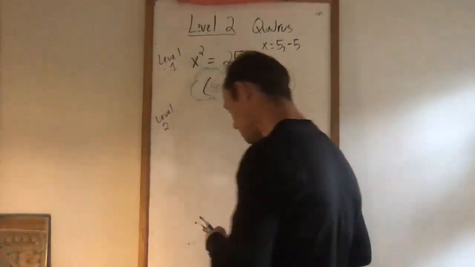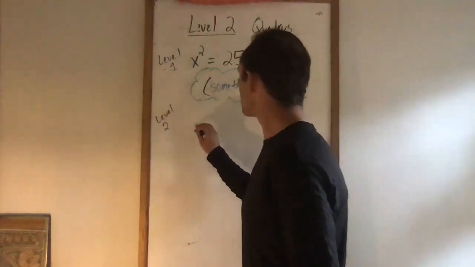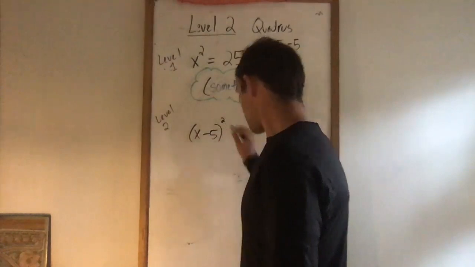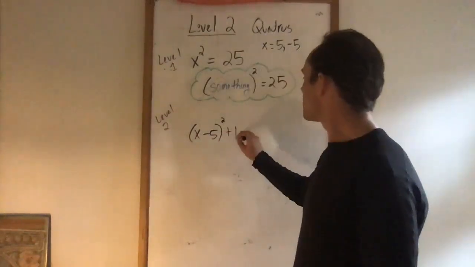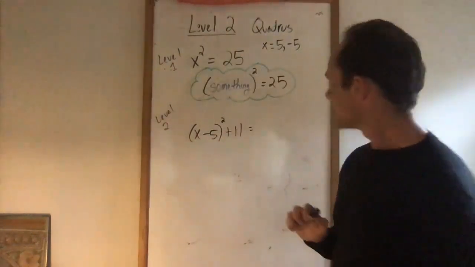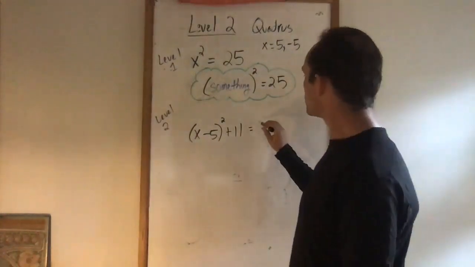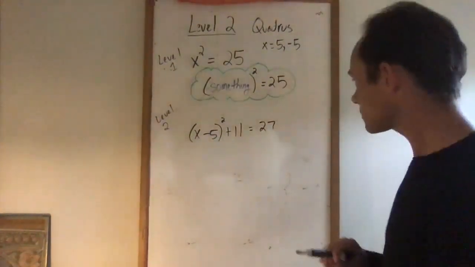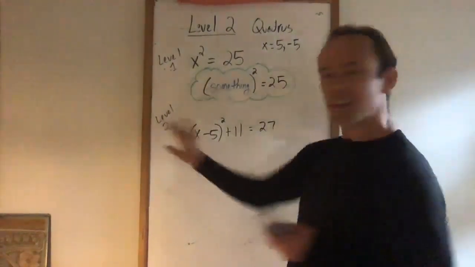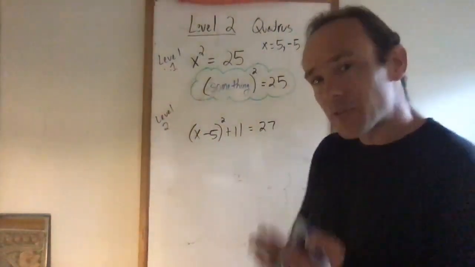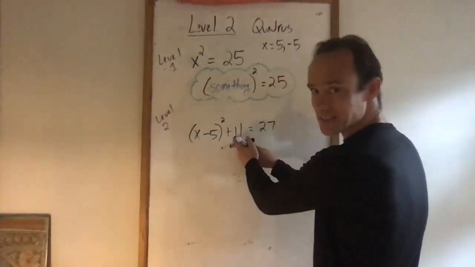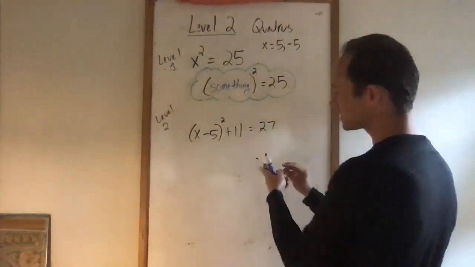All right, well, let's do one more level 2 here. x minus 5 squared plus 11 is equal to 27. All right. So it's still a level 2. It's a little bit more of a complicated one because it's something squared plus this constant over here is equal to 27.